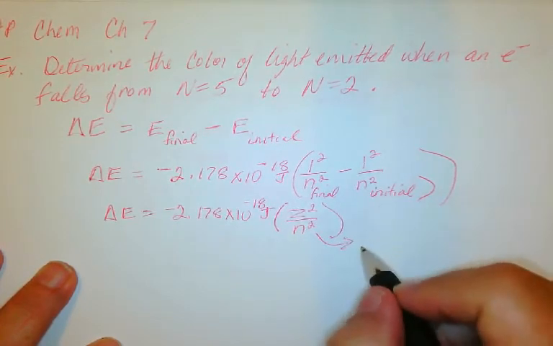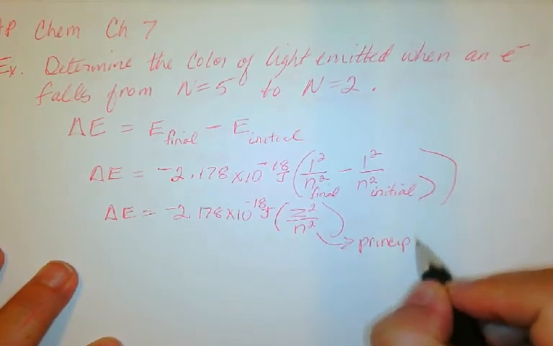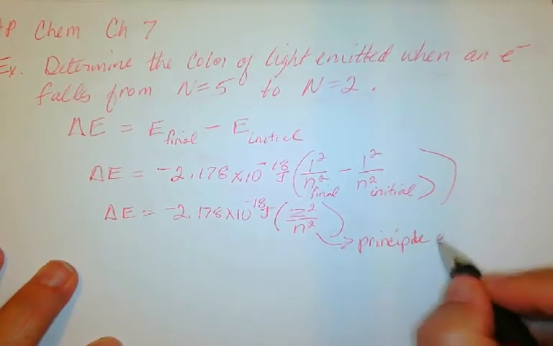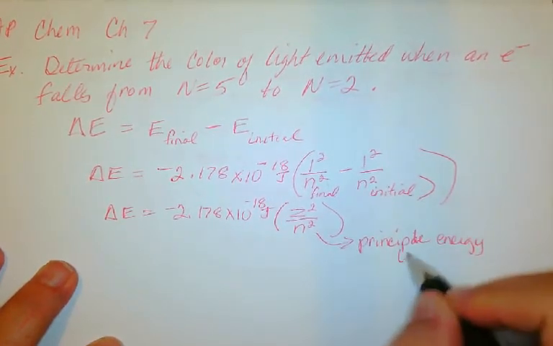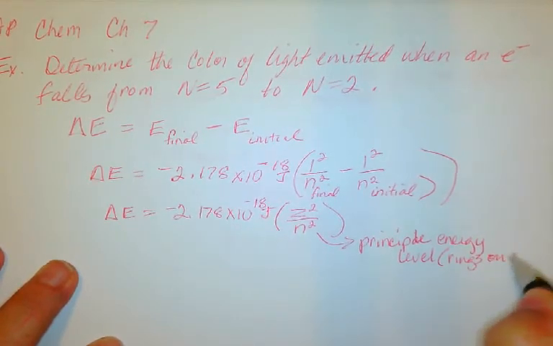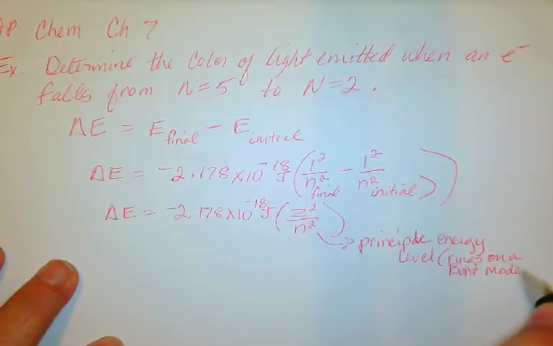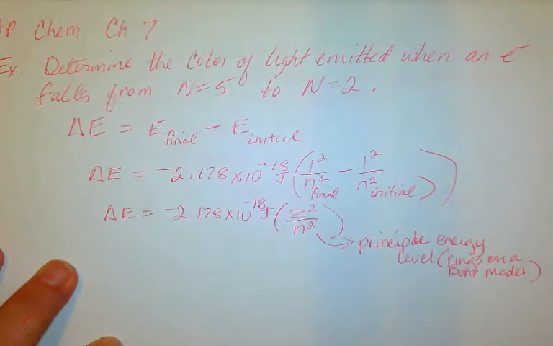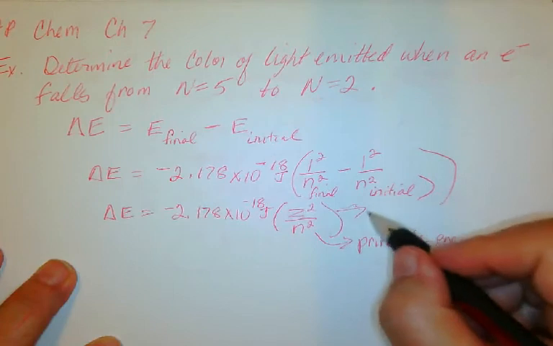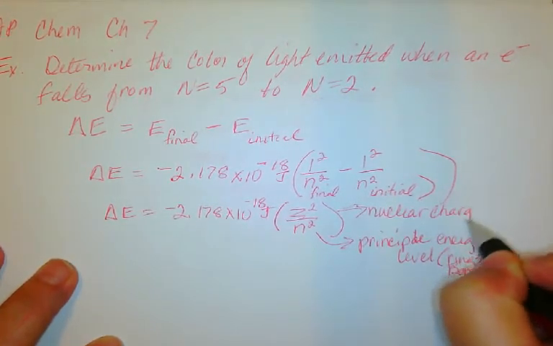It is the principal energy level, otherwise rings on a Bohr model. And Z is what's referred to as the nuclear charge.